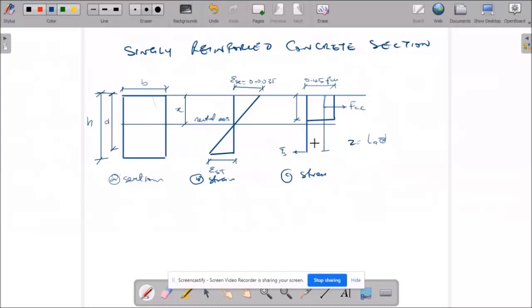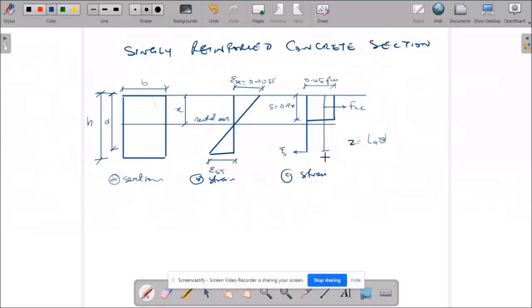So next thing we'll consider is S is equal to 0.9x. For a singly reinforced concrete section, bending will cause a resultant compressive force, FCC, and a resultant tensile force, which is also a force.